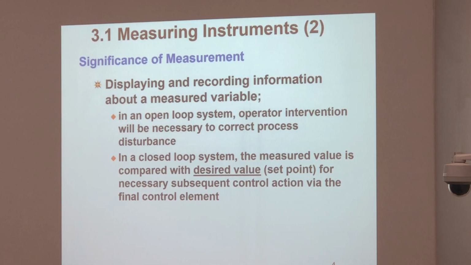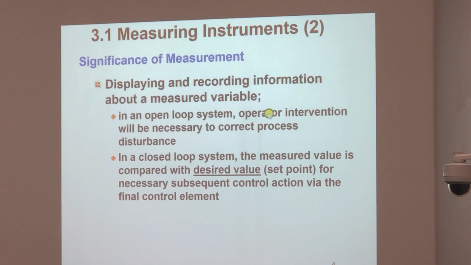Remember we still have two types of loop. One is called open loop, the other is called closed loop, right? You need to refer back to your topic 1. For open loop, after we measure, whatever is displayed, the operator manually takes action. Let's say I measure the temperature, I see the temperature is very hot, then I need to turn on the aircon. For an open loop, the operator goes and turns it on.